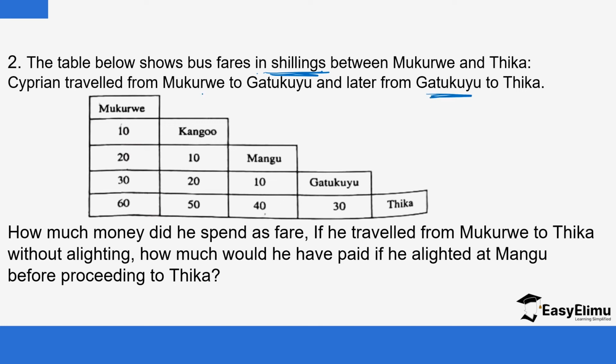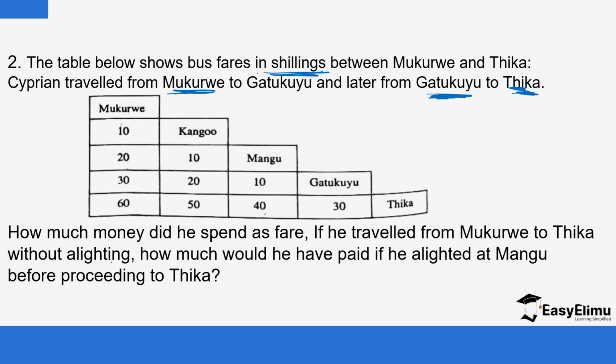The journey started at Mukurwe, and the destination was to be Thika, but they alighted at Gatukuyu first. So we say Mukurwe to Thika via Gatukuyu. What we are trying to find is how much money he spent as fare if he traveled from Mukurwe to Thika without alighting.